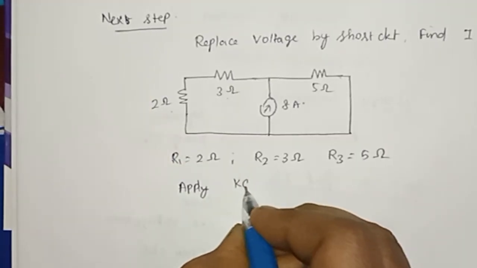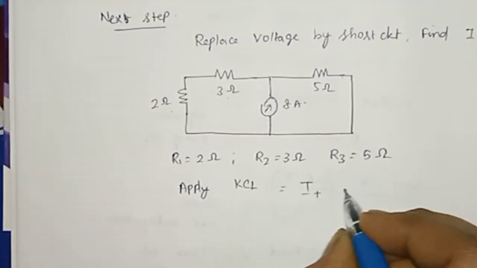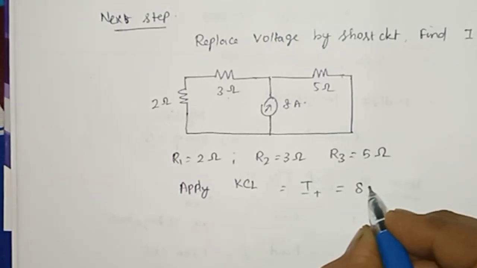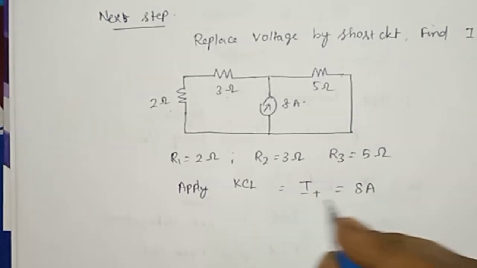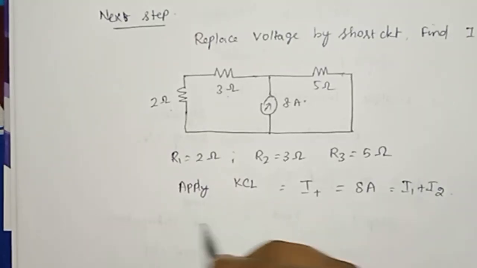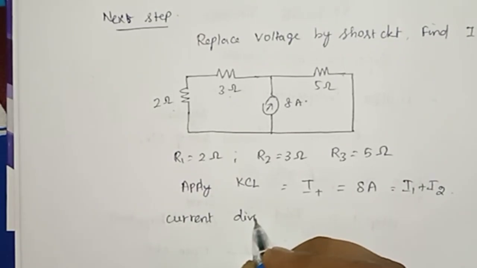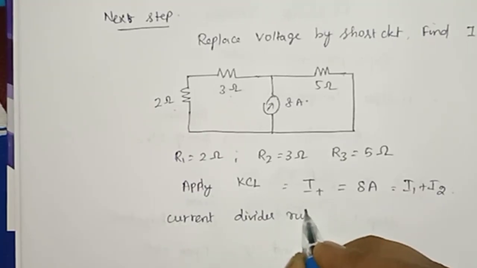We all know what KCL is, Kirchhoff's current law. I already discussed it in the previous videos. We have to find the total current IT, which is 8 amps. It is the summation of I1 current plus I2 current. Again I am using the current divider rule.